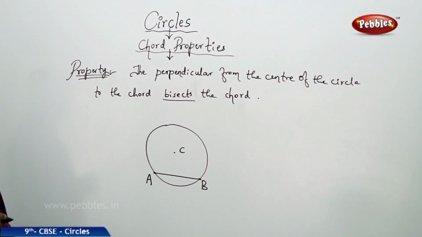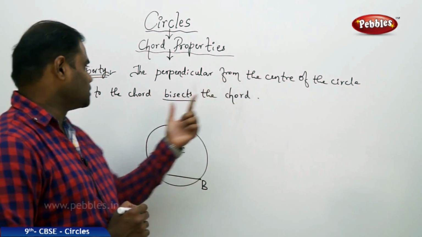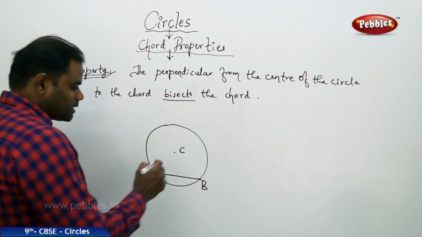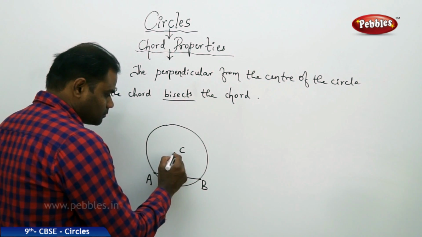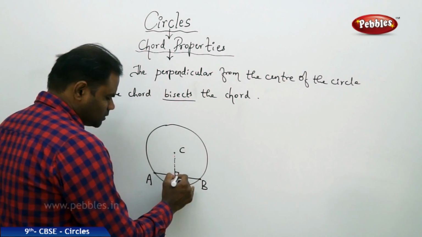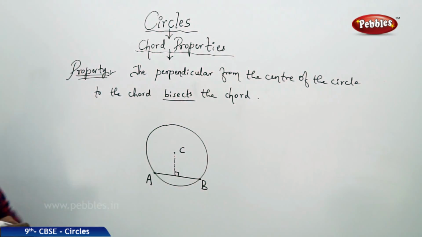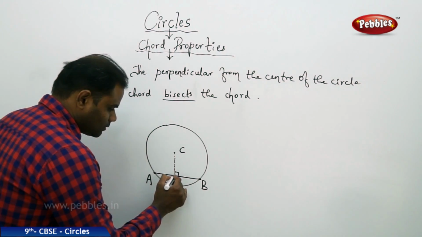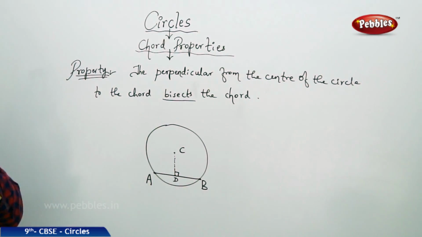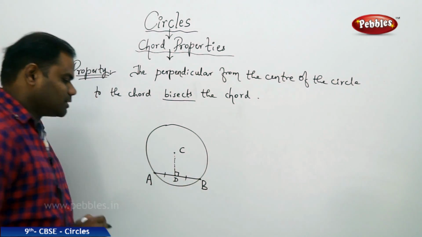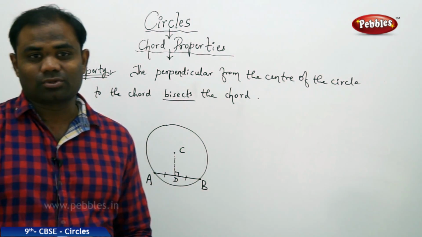Now the property says the perpendicular from the center of the circle to the chord bisects the chord. So from the center of the circle I drop a perpendicular, say CD. So this perpendicular CD bisects the chord AB. That is exactly, it passes through the midpoint.